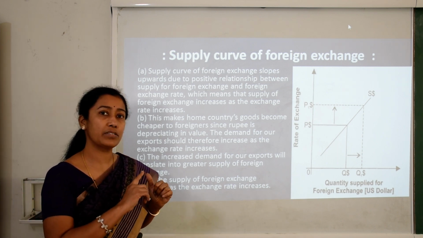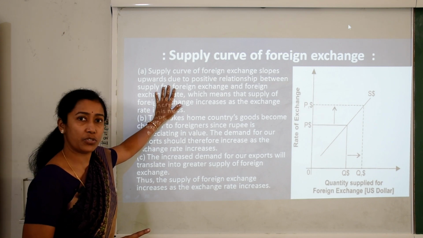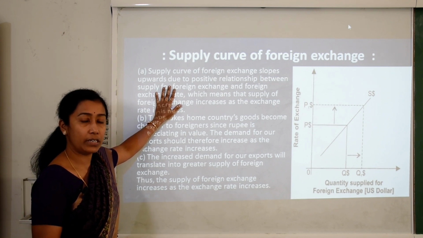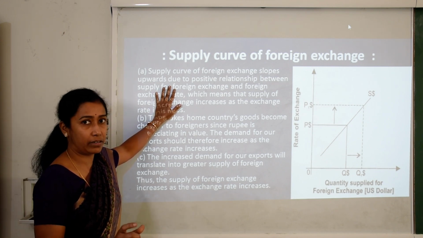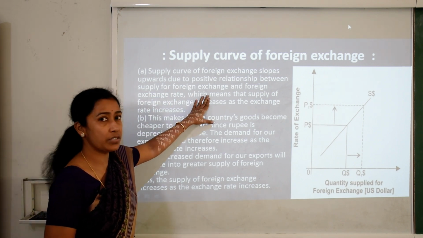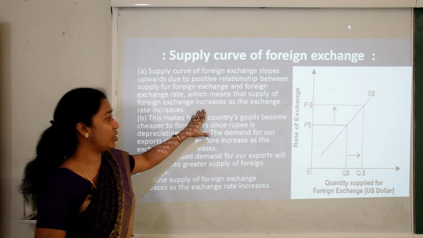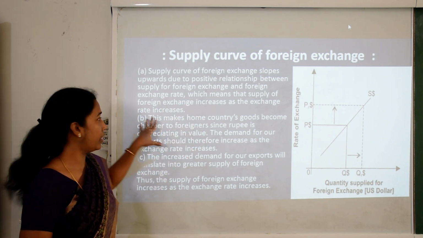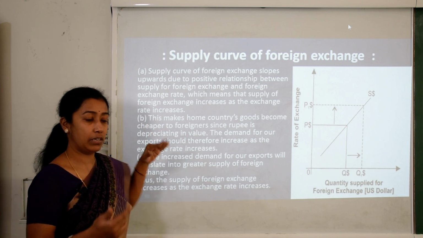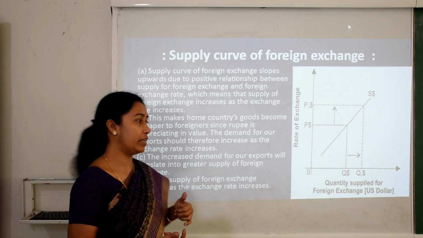In the demand curve of foreign exchange we have an inverse relationship, whereas supply of foreign exchange and the foreign exchange rate share a direct, positive relationship, which means that supply of foreign exchange increases as the exchange rate increases.